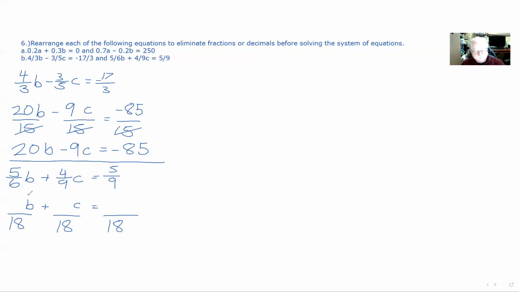So 18 divided by 6 equals 3 times 5 equals 15. And then 18 divided by 9 equals 2 times 4 equals 8.